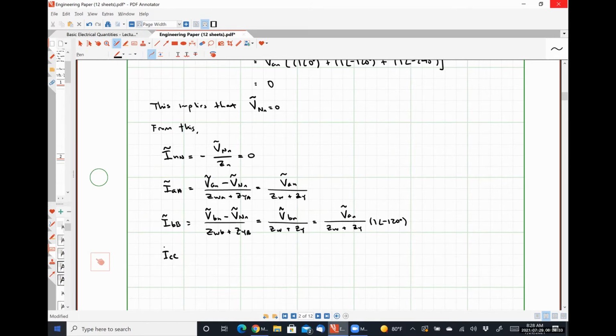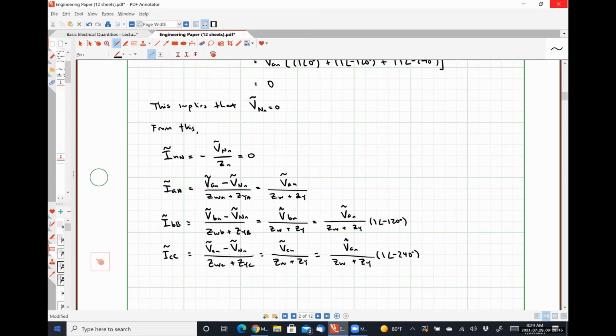We could then express I_cC, going from V_CN minus V_Nn over ZWC plus ZYC, to V_CN over ZW plus ZY, or V_AN over ZW plus ZY times 1 angle negative 240 degrees, right?